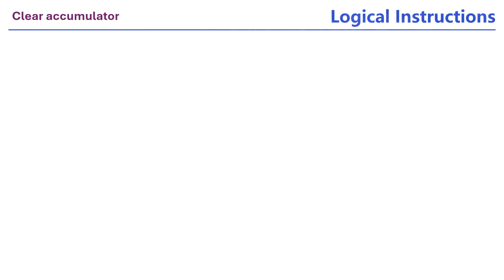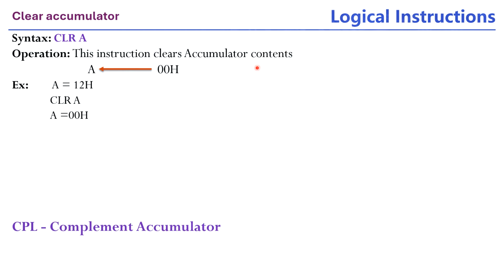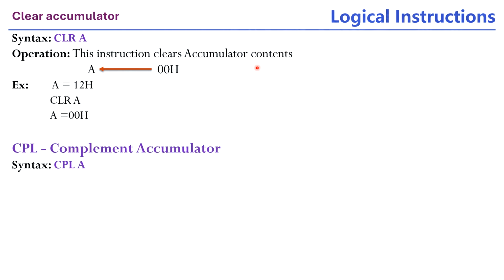Clear accumulator, right? First of all, we can see here the syntax, CLR A. The operation of this instruction is that it clears the accumulator contents, okay? A is the accumulator you see here, right? We can take a small example here.